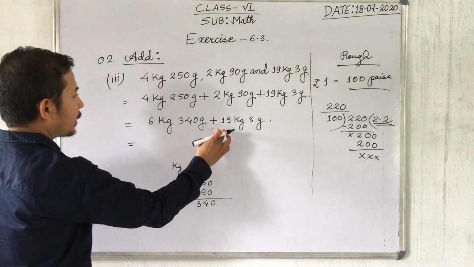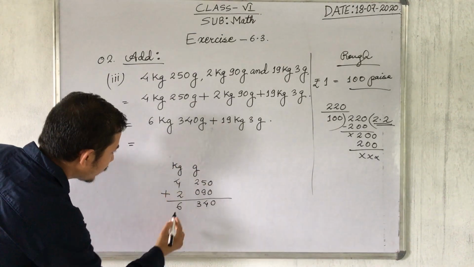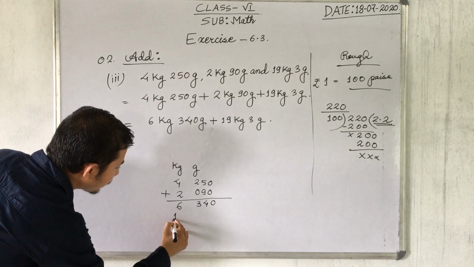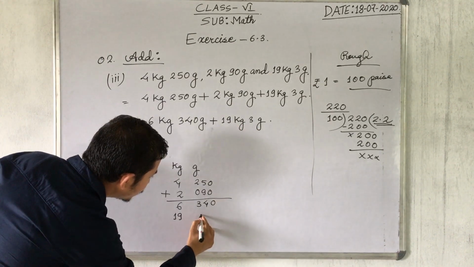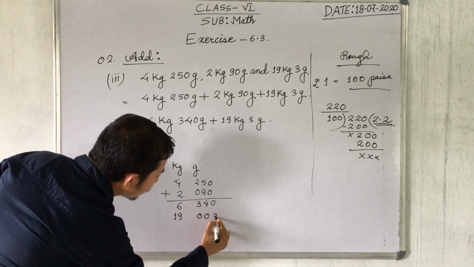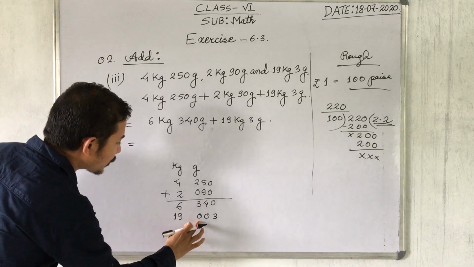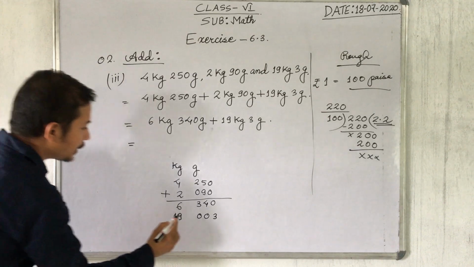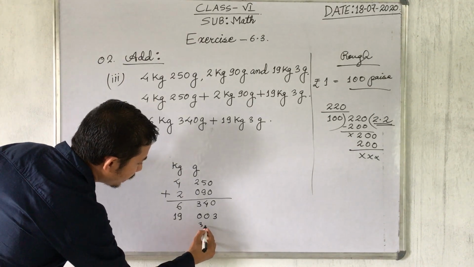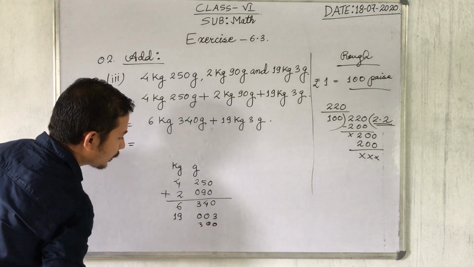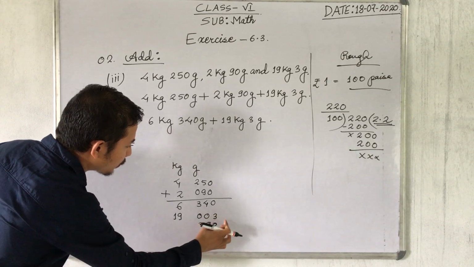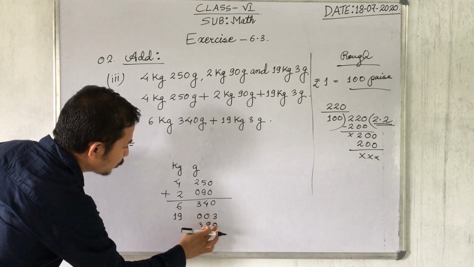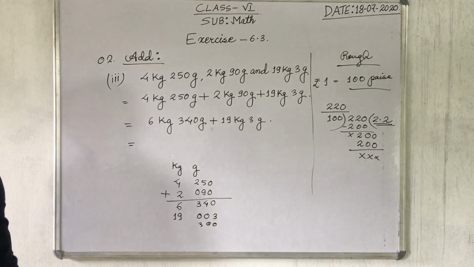In the gram side, how many? 3 gram, so 0 0 3. You cannot write 3 here, because if you write 3 here, it will be 300 gram. So you have to put 2 zeros in front of 3.